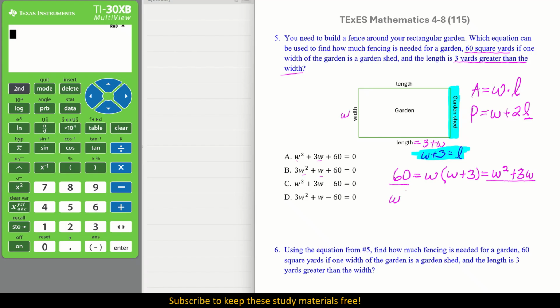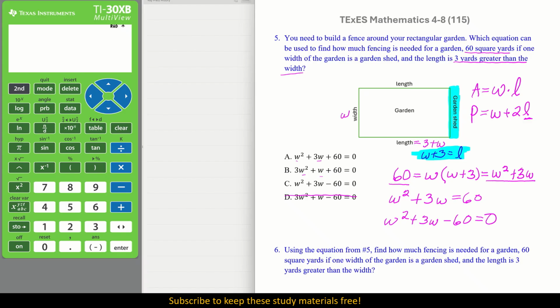I see W squared plus 3W. Does it look familiar yet? And then equals 60. But to create a proper equation, I need to subtract 60 from both sides. W squared plus 3W minus 60 equals 0.